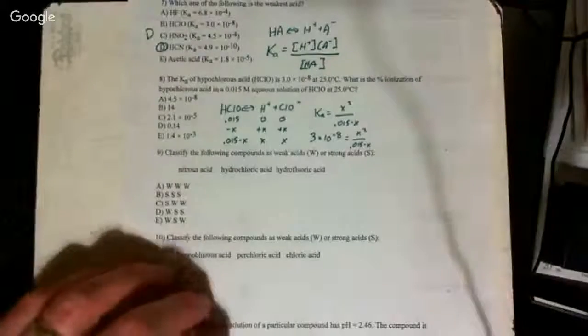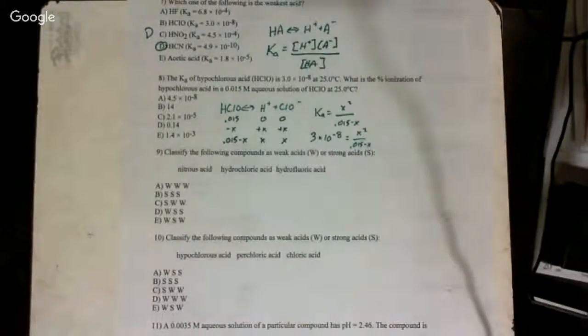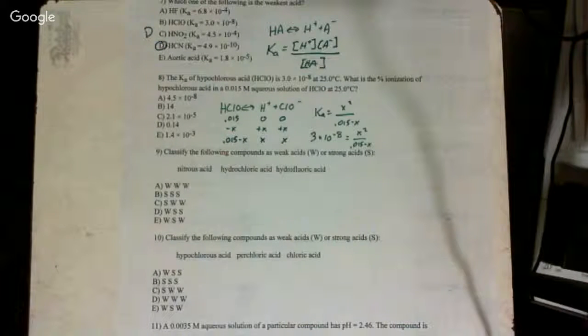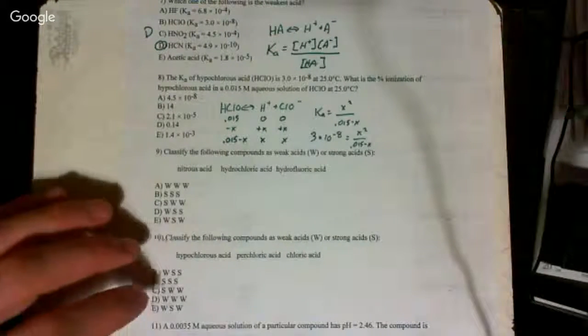This is a good example of where we can get away with using an approximation, because 3 times 10 to the negative 8th is an incredibly small number, especially when we compare it to 0.015. So we get 3 times 10 to the negative 8th times 0.015, and then we take the square root of that, and I'm getting 2.12 times 10 to the negative 5th.